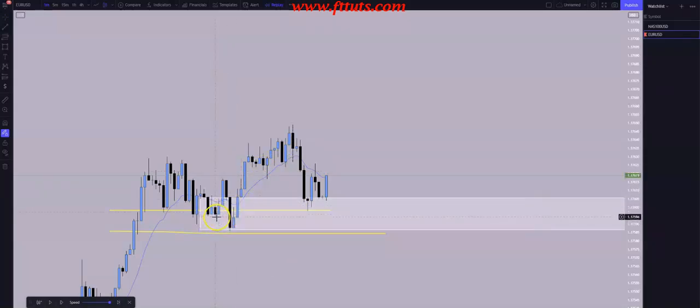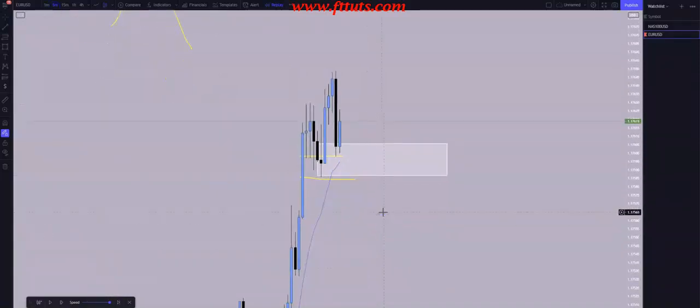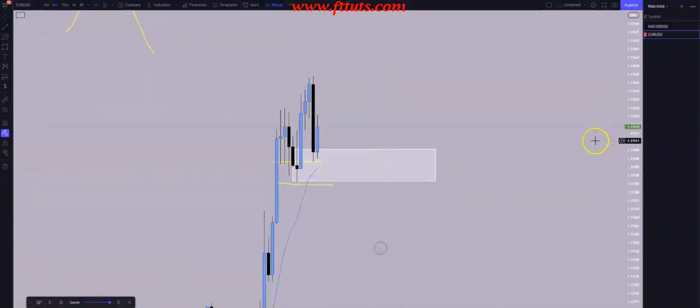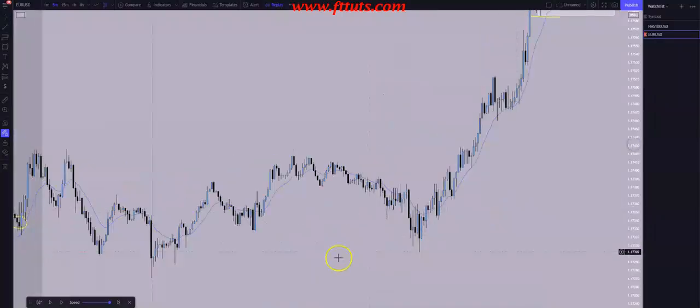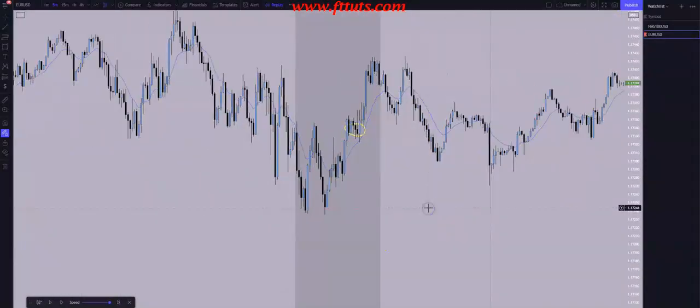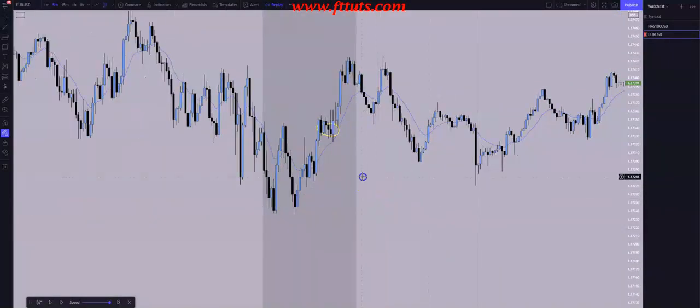Okay, so there are going to be times where it's hard to find supply and demand, especially with two candles, because supply and demand can be two candles. But if you're having a hard time, just go to the 1 minute, and it will show you how many bullish candles you will see, or how many bearish for supply. Okay, so let's just keep going.